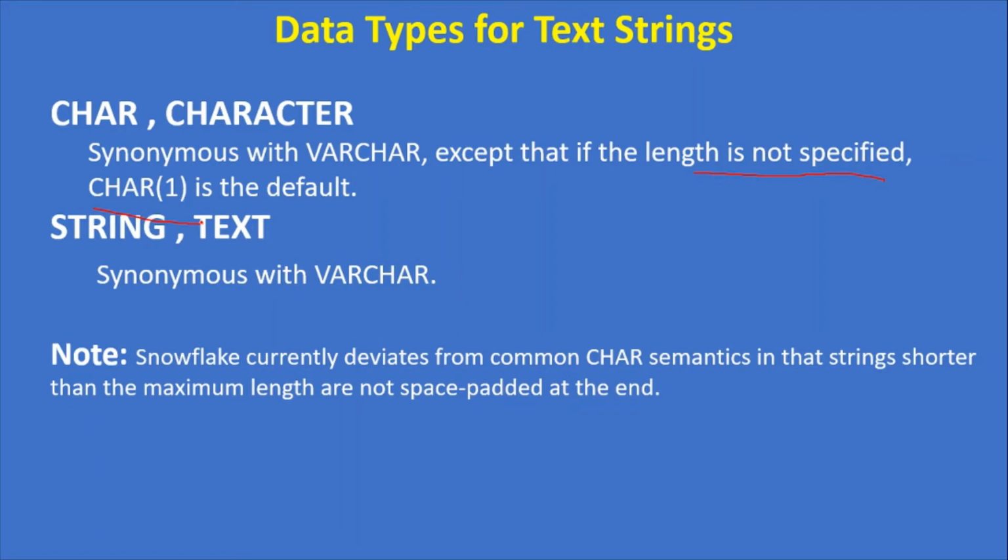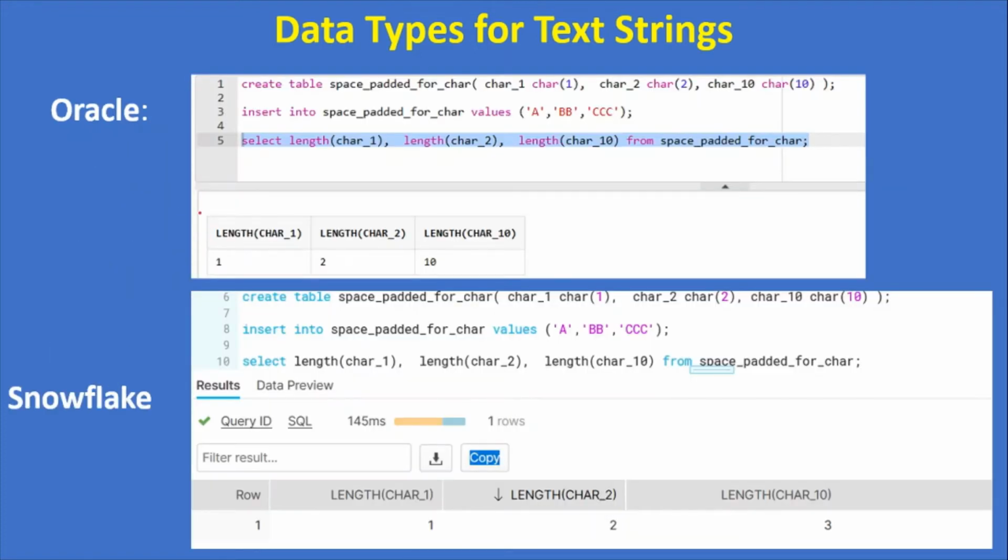Note, Snowflake currently deviates from the common char semantics in that strings shorter than the maximum length are not space padded at the end. Let me show you what not space padded at the end means in Snowflake and how it differs from other databases like Oracle. In Oracle, I have created one table with a column char_1 of length 1, char_2 of length 2, and a third column char_10 of length 10.